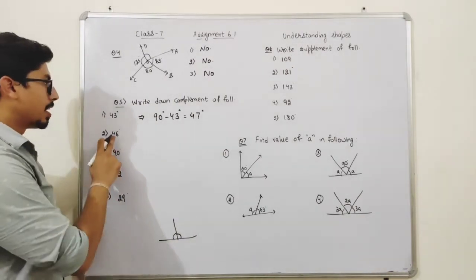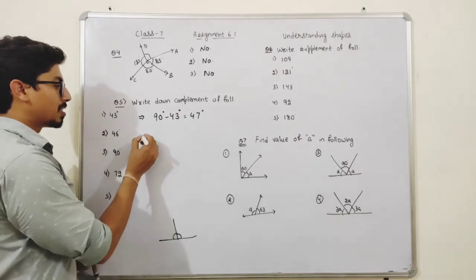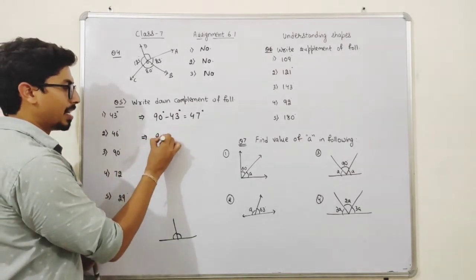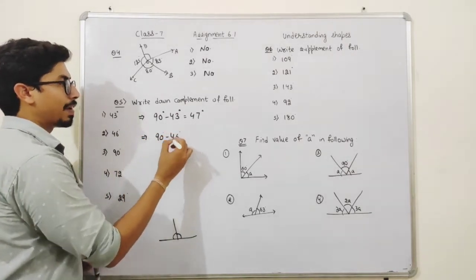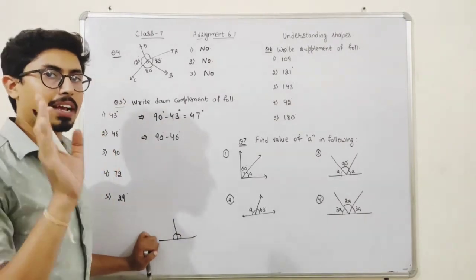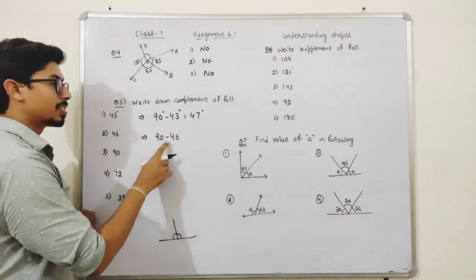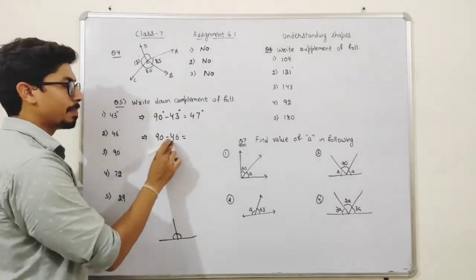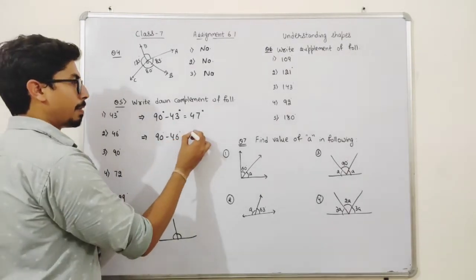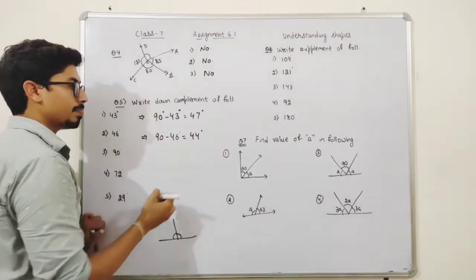Now students, the complement of 46 degrees will be 90 degrees minus 46 degrees. To find the complement of any angle, just subtract that angle from 90 degrees. So 90 minus 46 will be 44, students.